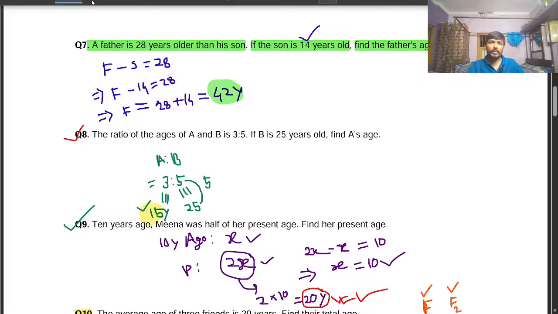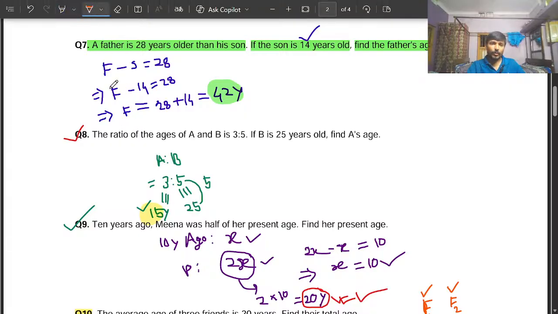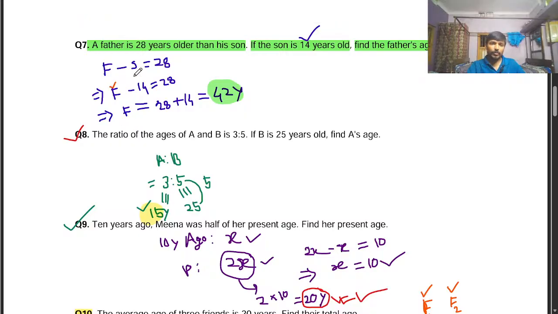So f minus 14, the son's age, equals 28. So father's age equals 28 plus 14, that is 42 years.